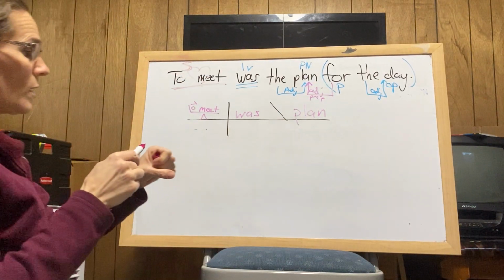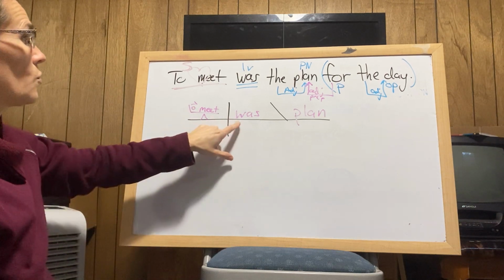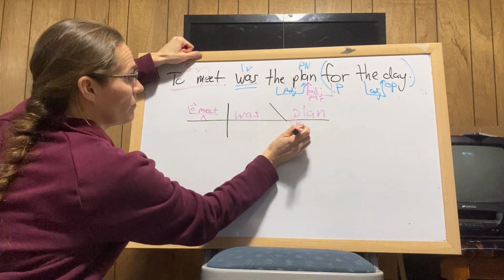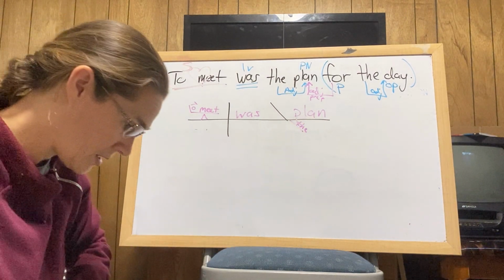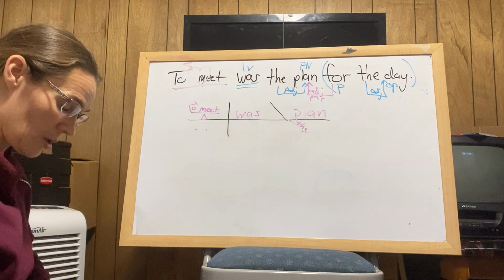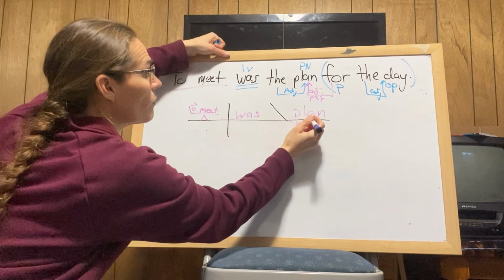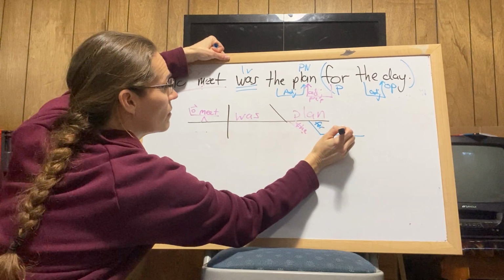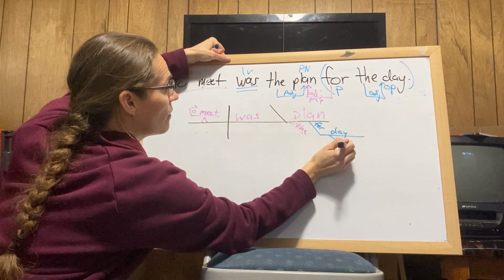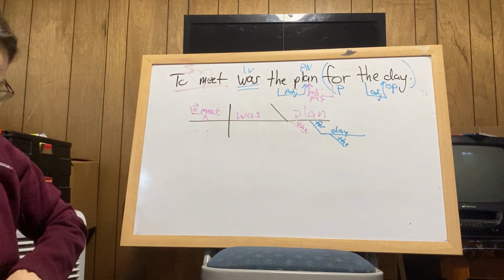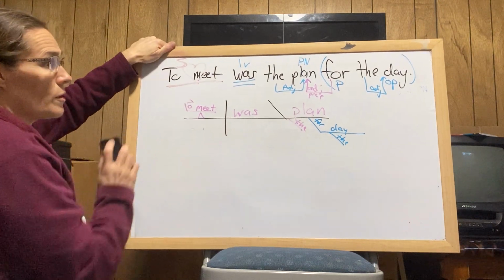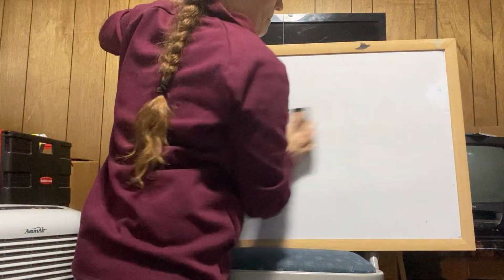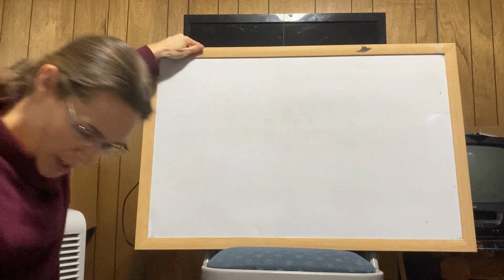Okay, so to meet was the plan. I'll get a different color that you can see a little better. And here's our prepositional phrase for the day. All right, you can pause that to look at it. I'm going to move on. For the sake of time, if you need to look at it longer, pause your video.